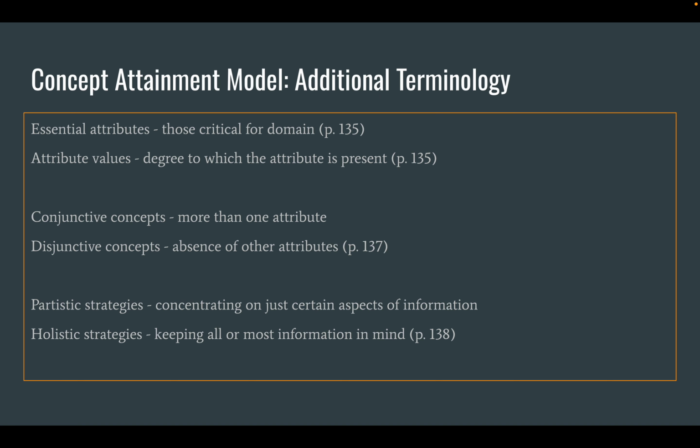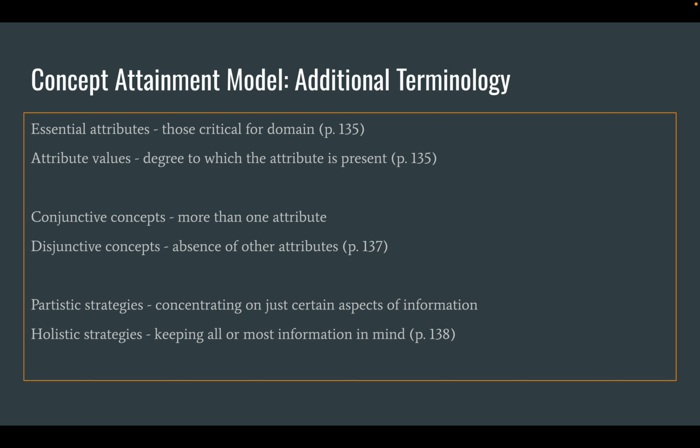In terms of understanding this model, there are several considerations. One is that it is important that the exemplars the teacher provides have an attribute that is critical for a particular domain. Another consideration is how much of that attribute is found within that particular exemplar, which would definitely influence the students' decision making.